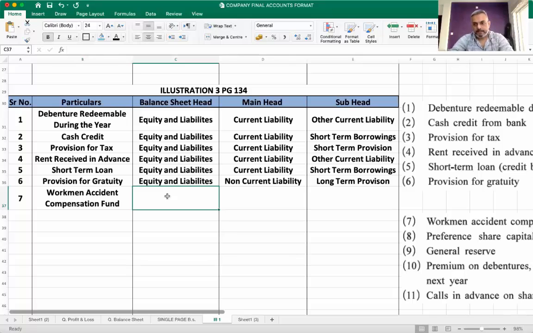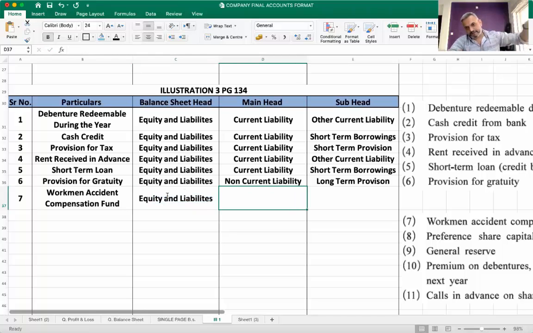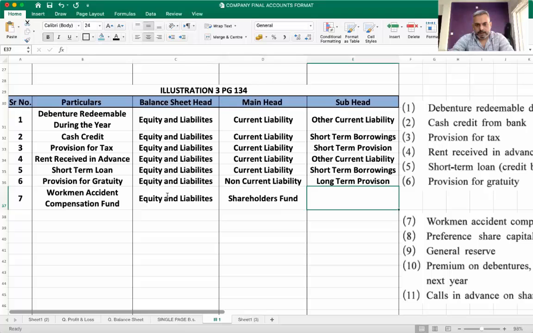Workmen accident compensation fund is basically equity and liability. It's an amount kept aside in case an accident takes place. So it is under the heading shareholders fund, and it will go to reserves and surplus.